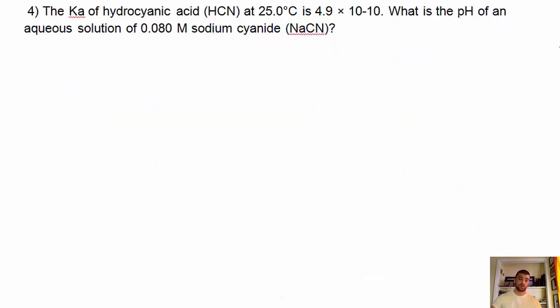All right, 4. The Ka of hydrocyanic acid at that temperature is this. What is the pH of an aqueous solution that has 0.08 molar sodium cyanide?